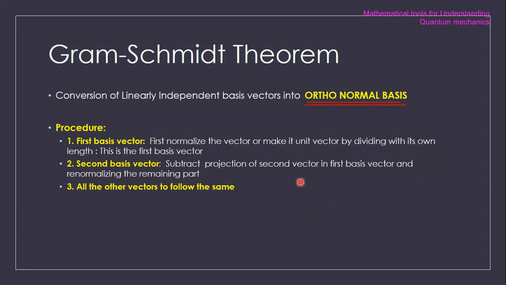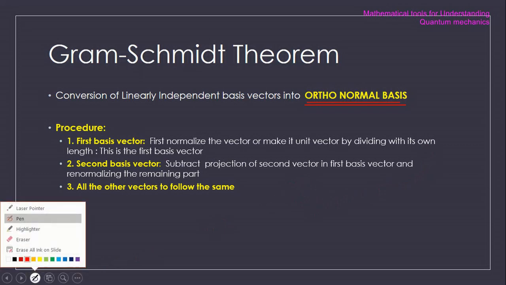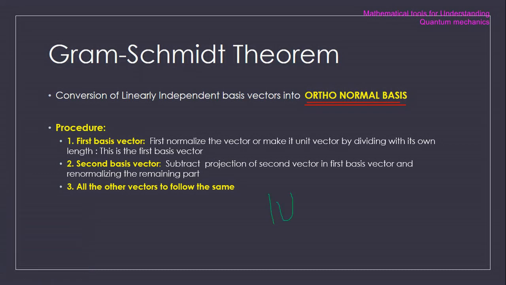For example, a vector psi is there. We can normalize it by dividing psi by the square root of the scalar product of psi with psi. So this is now a unit vector, or normalized. This is the first basis vector.